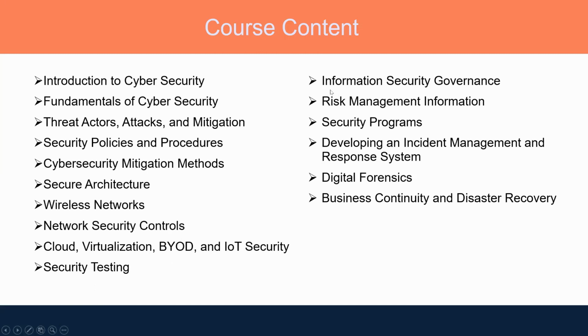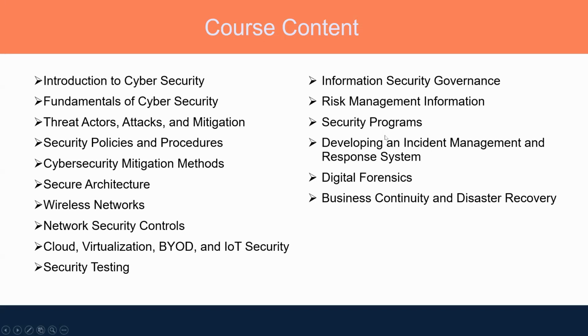And then you would be understanding the information security governance model, that is how information security is governed. Let's say there is an organization. How is the security of that organization governed? You would be understanding that over here. We will talk about policy, procedure, standards, etc. Then we will talk about risk management, how you can manage the risk, how you can secure the program, and how you can develop an incident management and response system.